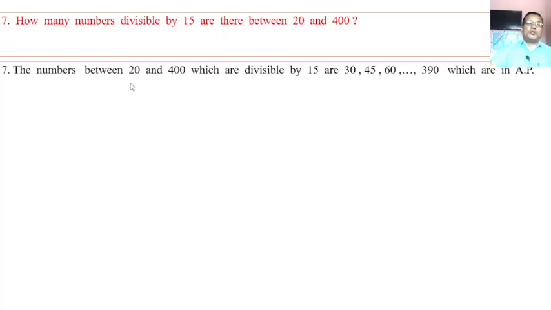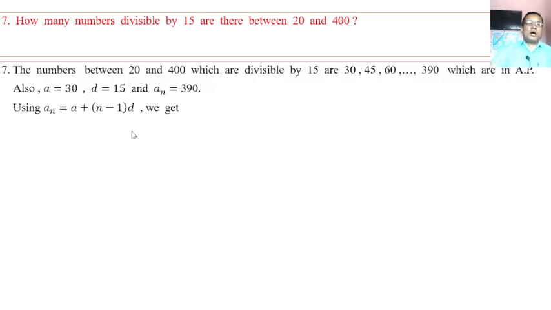The numbers between 20 and 400 which are divisible by 15 are 30, 45, 60 and so on, up to 390, the number nearest to 400, which are in AP. Also a equal to 30, d equal to 15 and the last term a_n equal to 390.